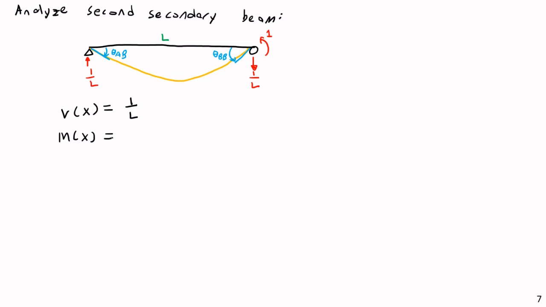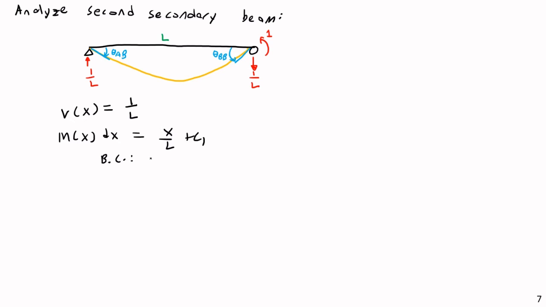So V of x equals 1 over L, and then M of x is just going to be the integral of that, dx, and the integral of that is going to be very similar to last time, x over L plus c1. I do need a boundary condition. In this case, I can actually say that the moment at 0 is 0, and that's because there is a pin there, but there's no couple there.